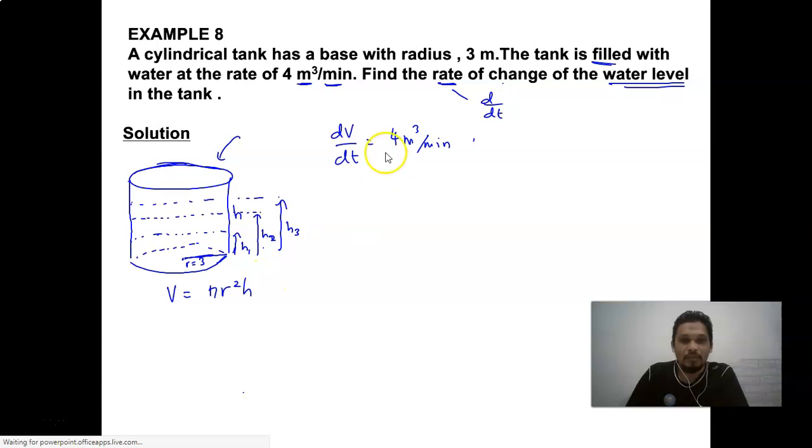Now, r equals the radius, 3 meter, so pi times 3 square and h comes out to 9 pi h.